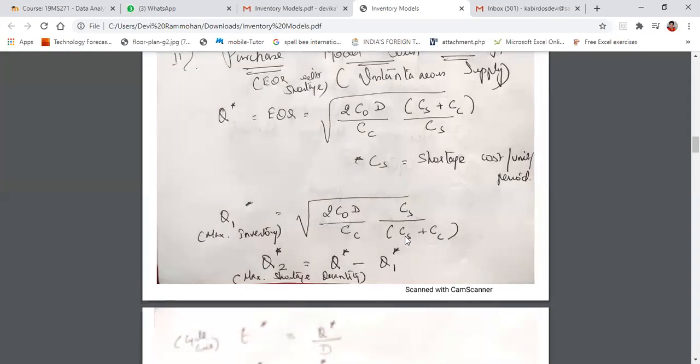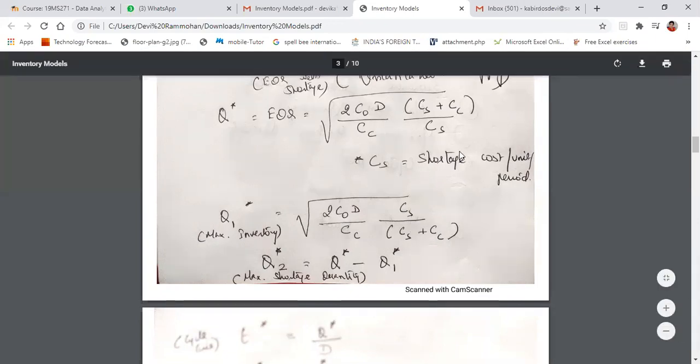When you simplify this formula, you get Q1. And what is the maximum shortage quantity? From the economic order quantity minus the maximum inventory, you will get your maximum shortage quantity.